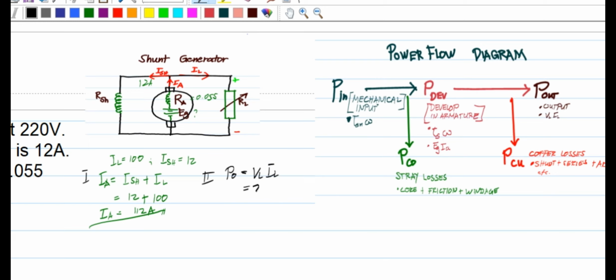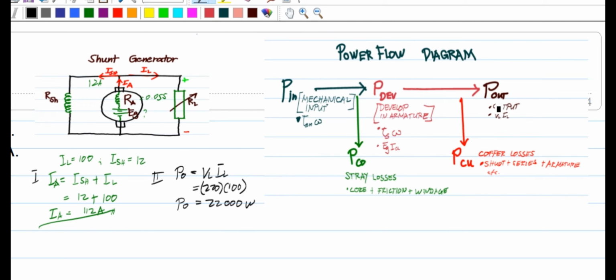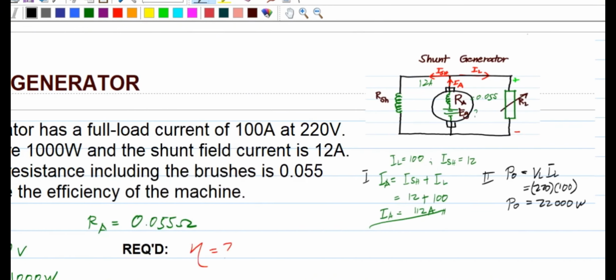We have 220 times the IL of 100, 22,000 watts for PO. From the power flow diagram we already have the PO, and we are going to find the efficiency of the machine.